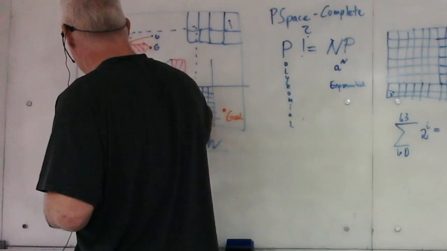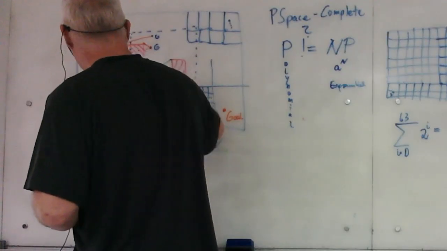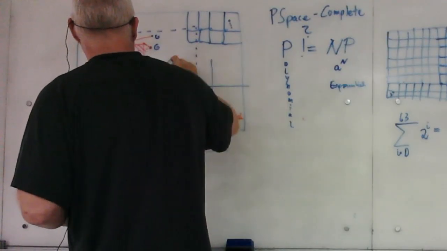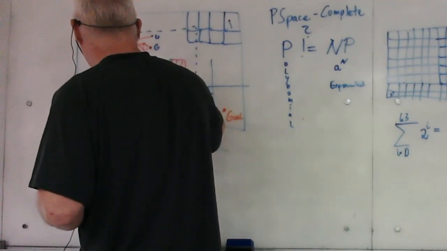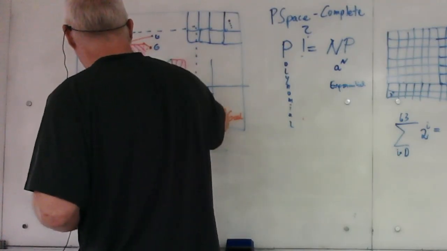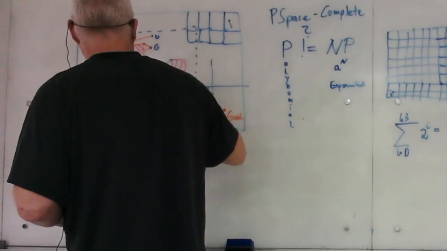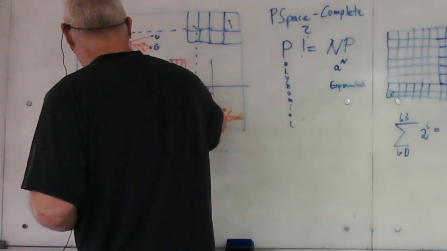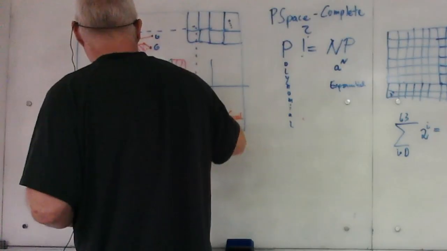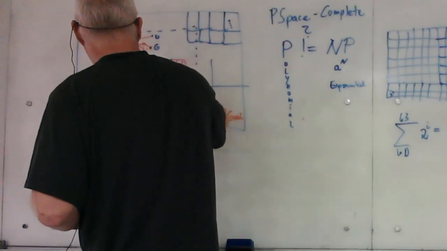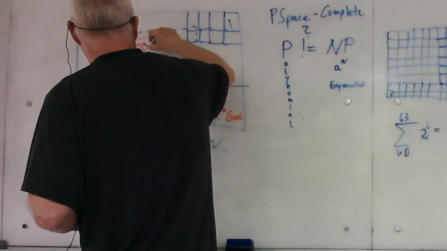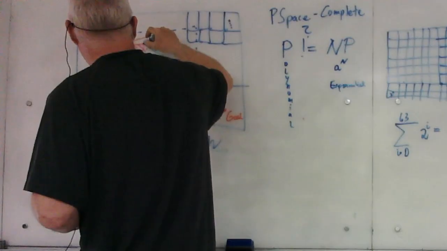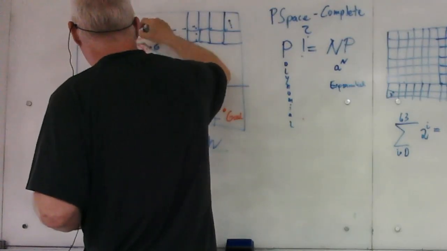Now from here, I can go to there, there, there, and there. From here, I can go there, there, there, there. From here, there, there, there. From here, there, there.